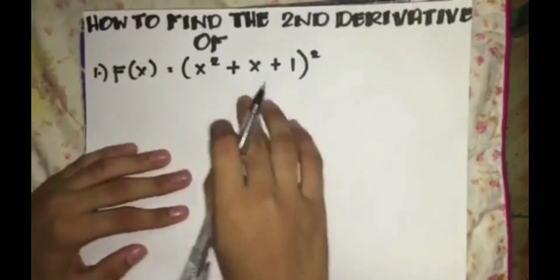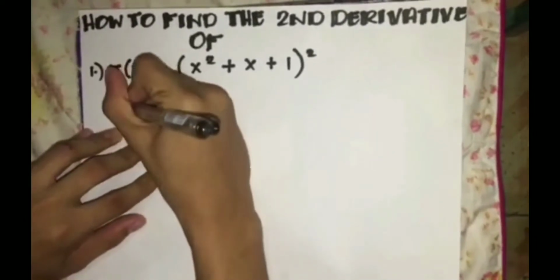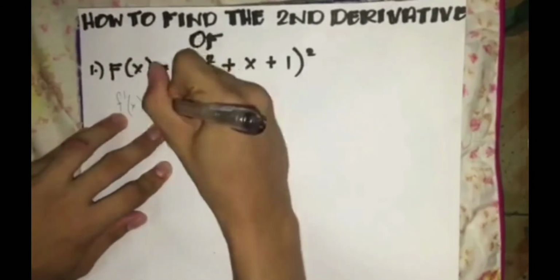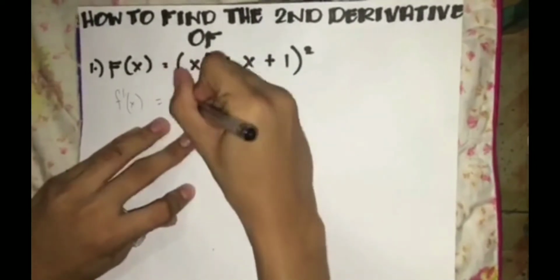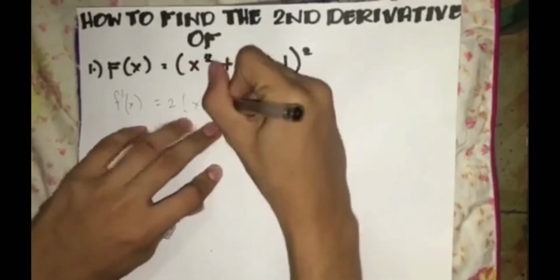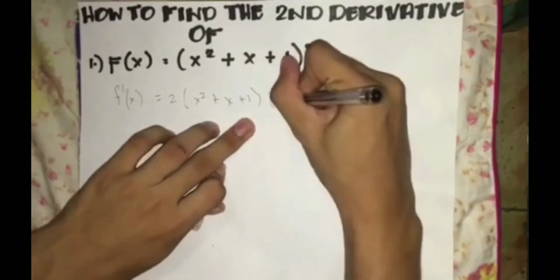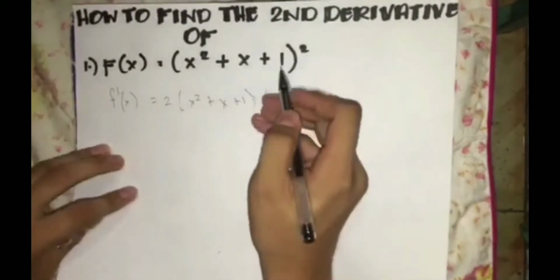So the given, sorry, f prime of x is equal to 2 times the quantity x squared plus x plus 1 times the quantity 2x plus 1. So that is from the equation.